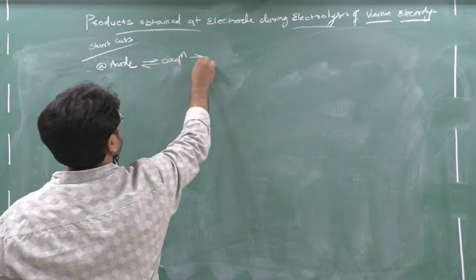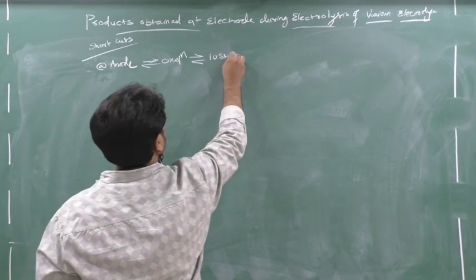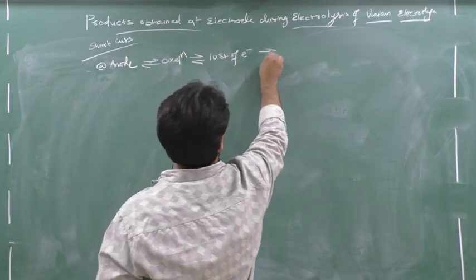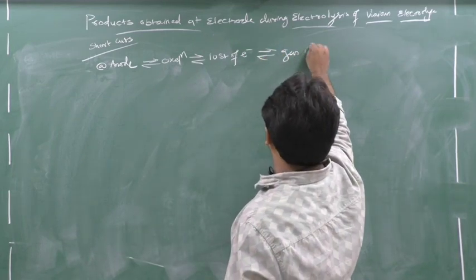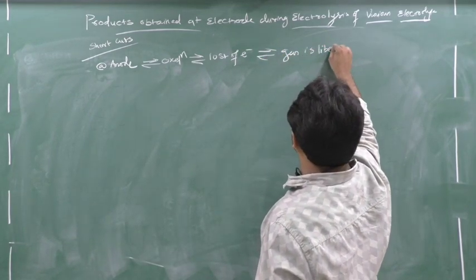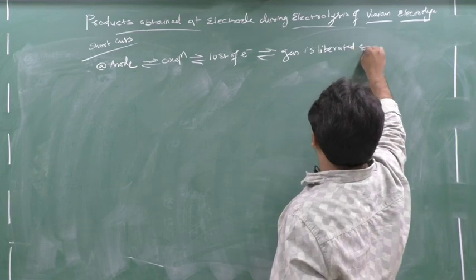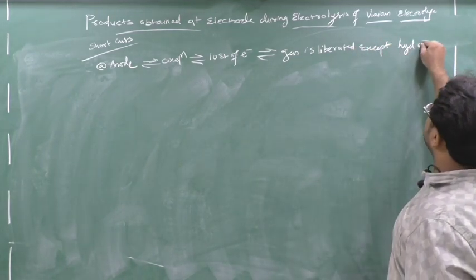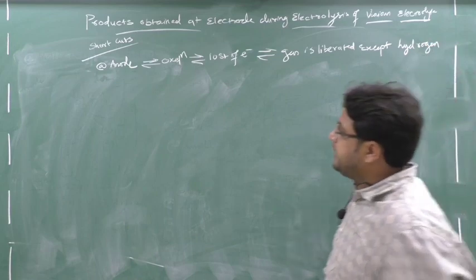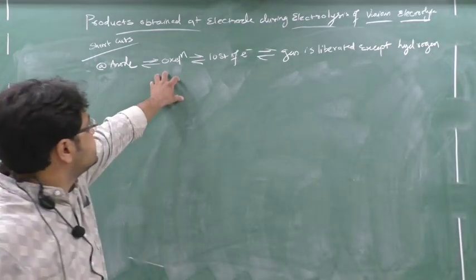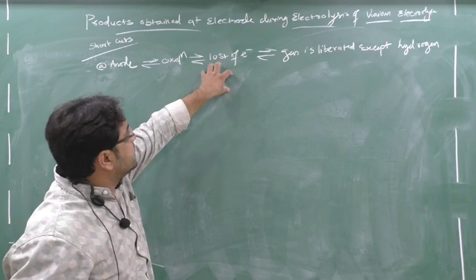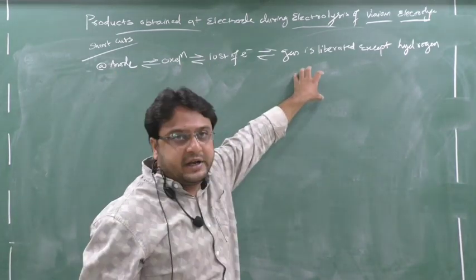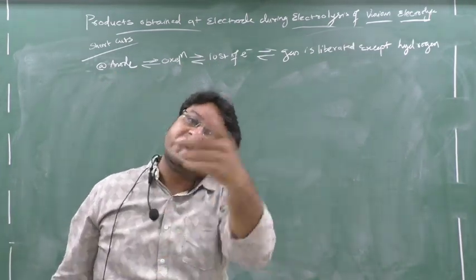Oxidation means loss of electron, and gas is liberated except hydrogen. Hydrogen will be obtained at cathode. So at anode, oxidation occurs, oxidation means loss of electron, and at anode gas is liberated except hydrogen. Hydrogen is obtained at cathode.